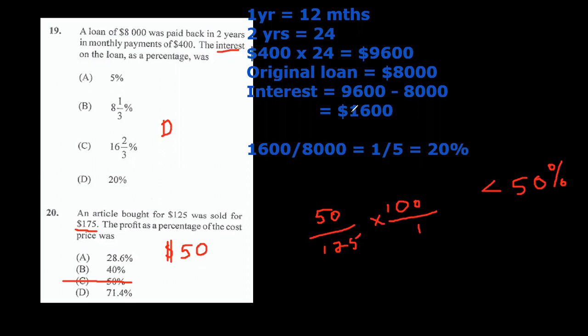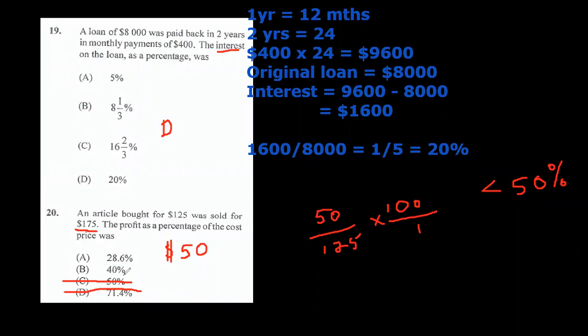But this is $50, which is less than 62.5. So the percent is going to be less than 50%. So every answer here that's more than 50% is wrong. It's either going to be A or B. That's a big help.